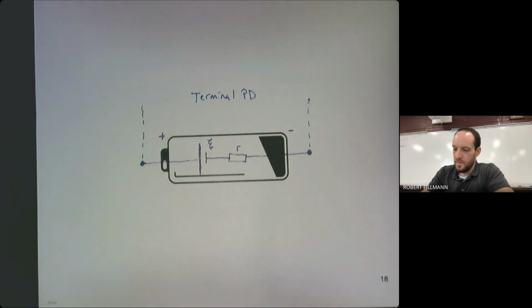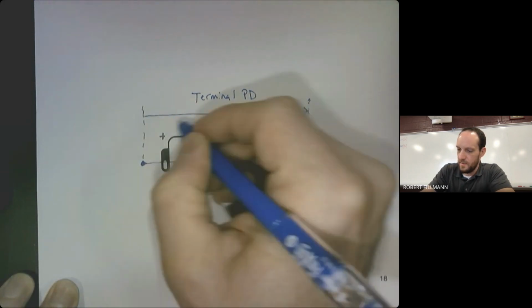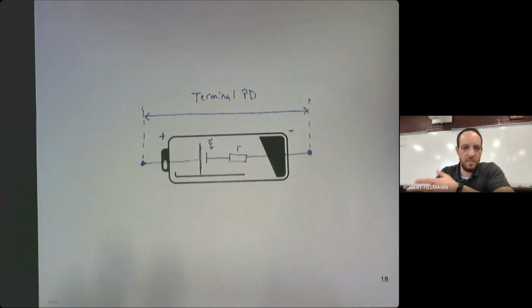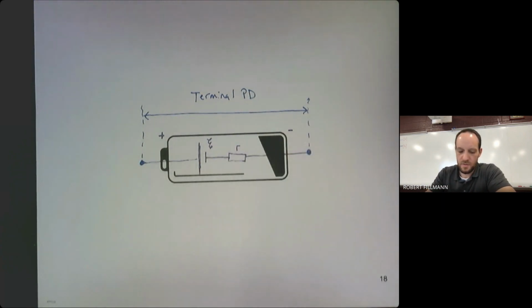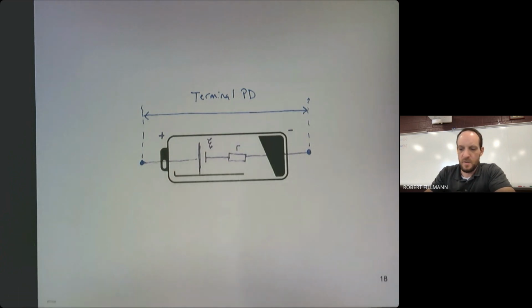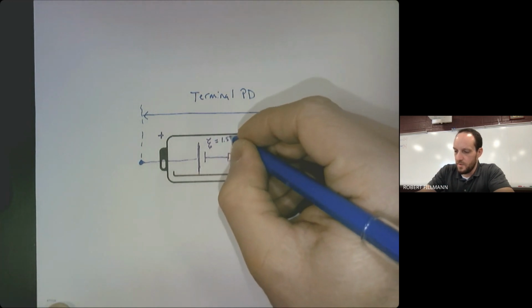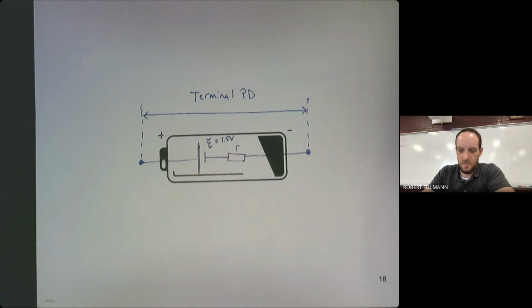And that terminal potential difference from one end to the next, like if you look at the side of the cell, it might say 1.5 volts, and you hook it up to a voltmeter and it gives you 1.5 volts. That's the EMF of your source. But that's only if no current is flowing. If it's not hooked up to anything, it's going to read the terminal potential, and the EMF will be the same. So maybe this is 1.5 volts, and your terminal potential is 1.5 volts.